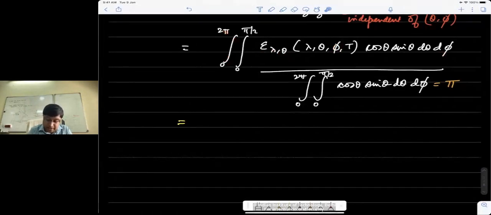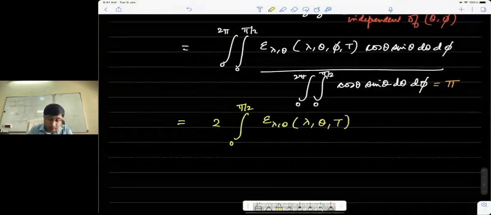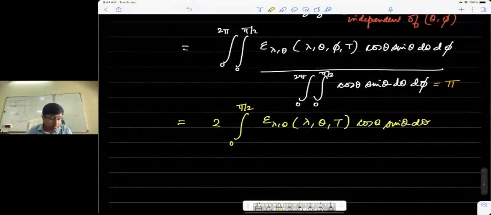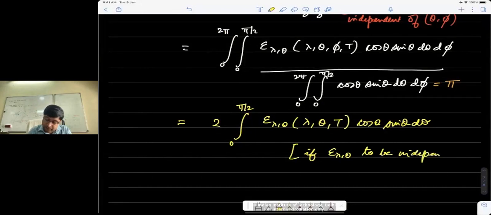So pi and pi cancel, and what you will typically get is 2 times the integral 0 to pi by 2 of epsilon lambda theta, which is just a function of lambda, theta, t, cosine theta, sine theta, d theta. This is if we assume epsilon lambda theta to be independent of the azimuthal angle.